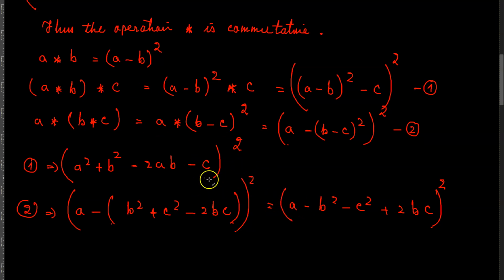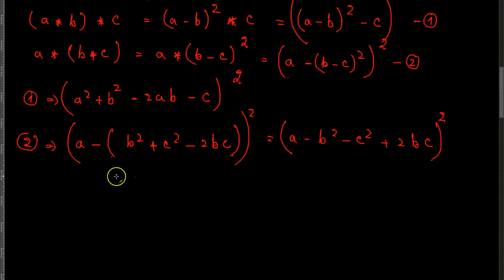Now in order to make sure that what you're saying is correct, take for example 1 star 2 star 3, take 3 values for A, B and C as 1, 2 and 3. Now you can calculate 1 star 2 star 3.